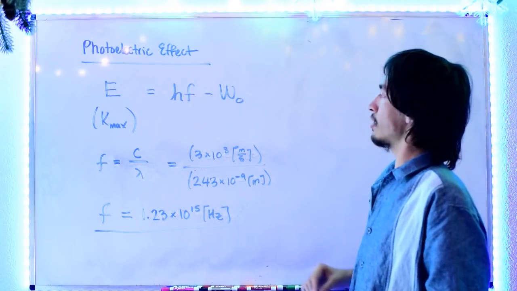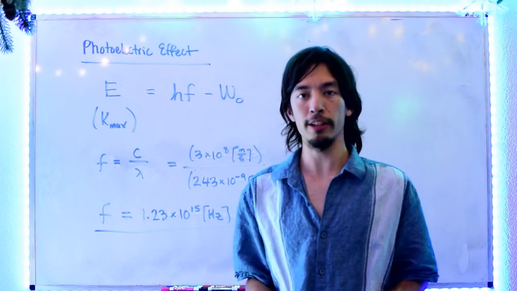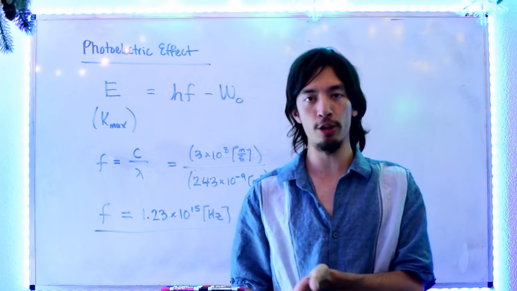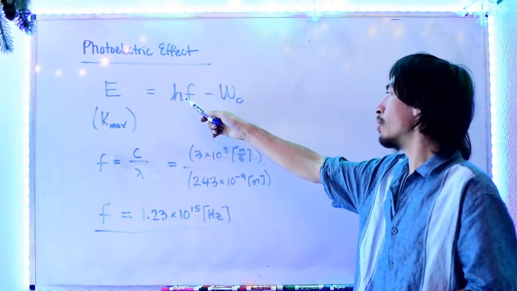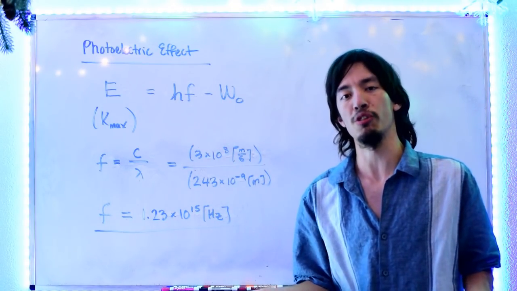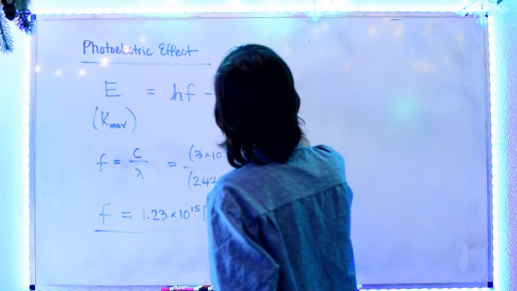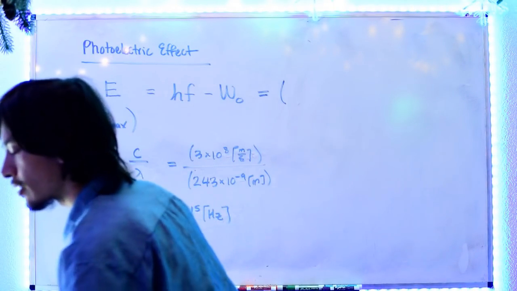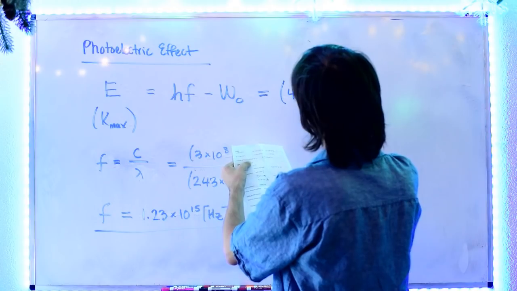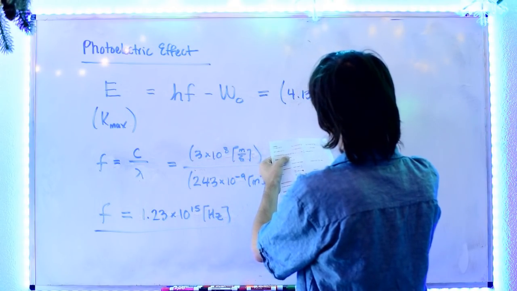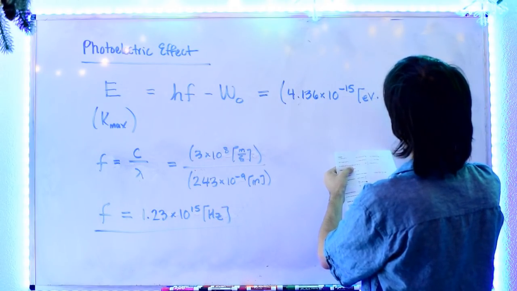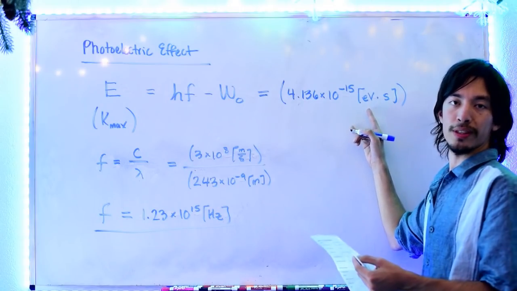Now, I would advise you that because on these formula sheets you do have Planck's constant in terms of both joules and electron volts, I would highly advise you to use the one that has electron volts in it already so you don't need to do the conversion yourself. So you should plug in Planck's constant as a value of 4.136 times 10 to the minus 15th electron volts times seconds instead of joules times seconds.